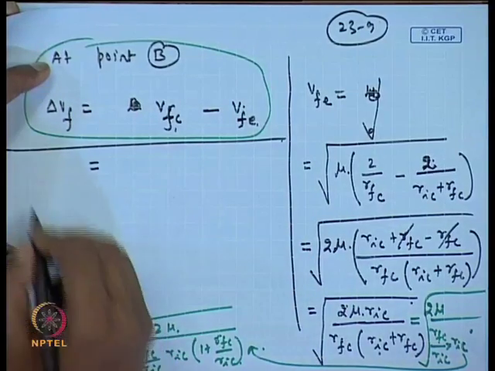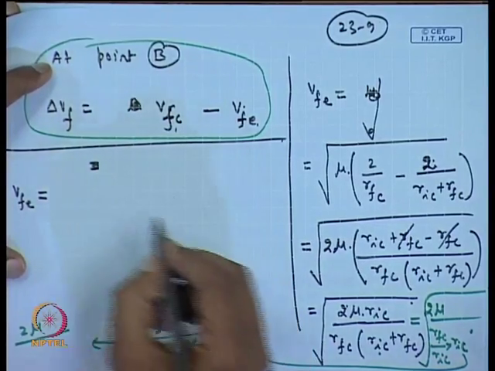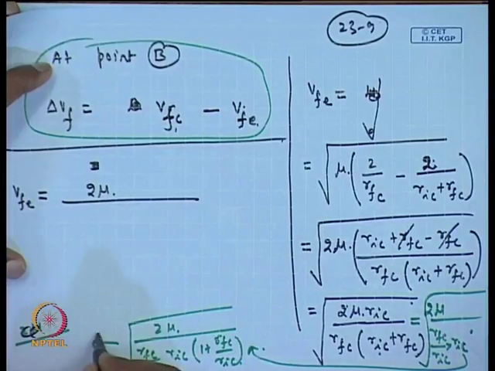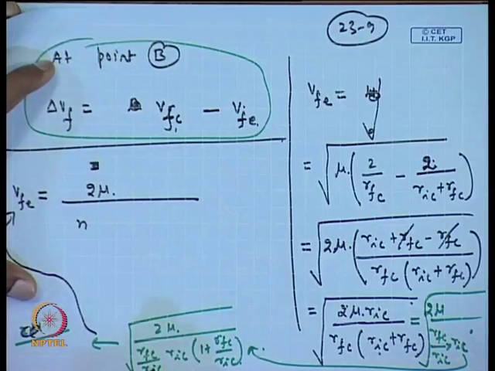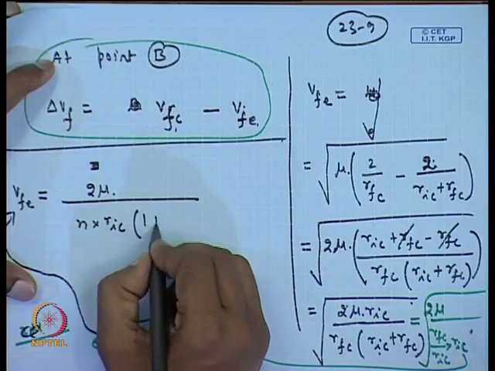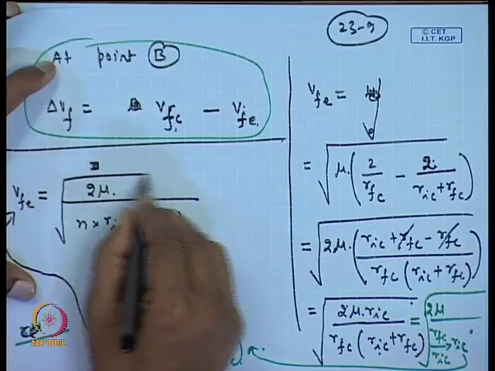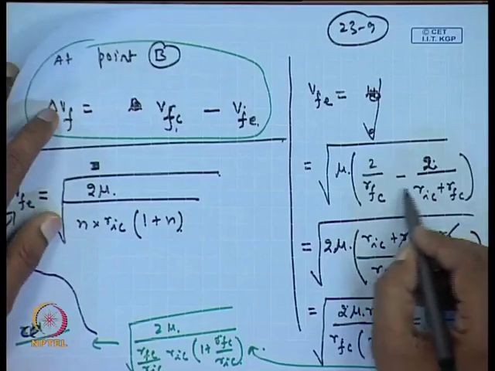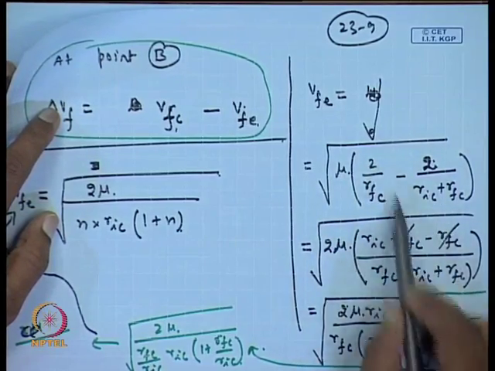So, this becomes V f e equal to the square root of 2 mu, this quantity is n times R I c times 1 plus R f c by R I c, which is equal to n. Okay, so, we have started with this equation, mu times 2 divided by this.